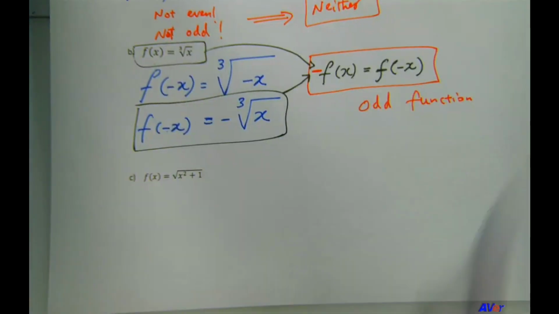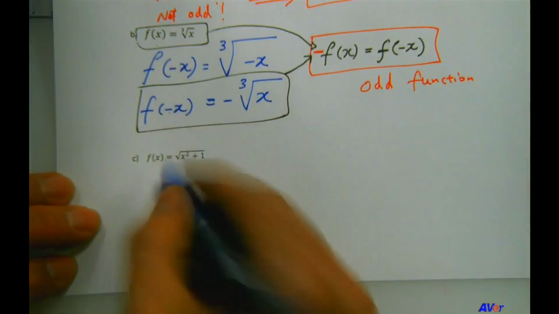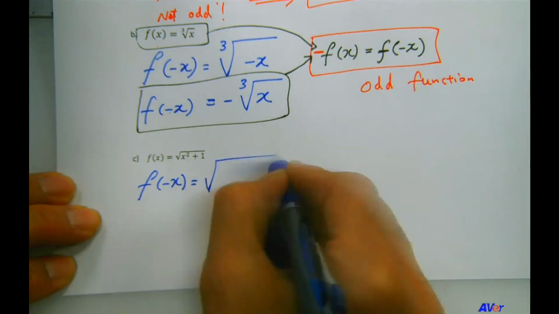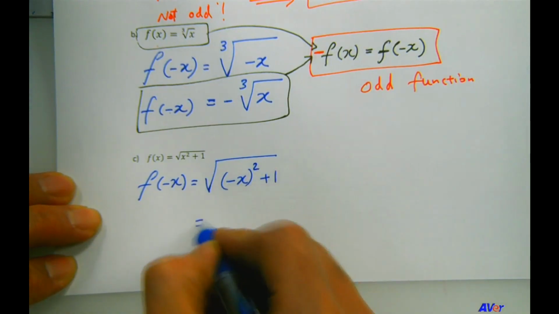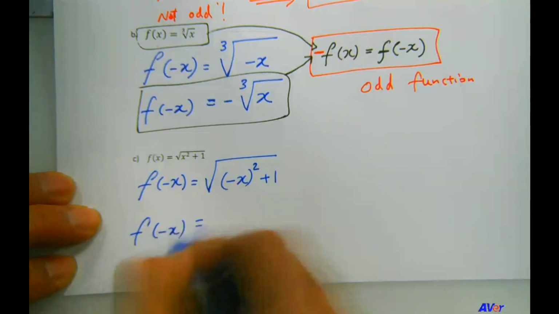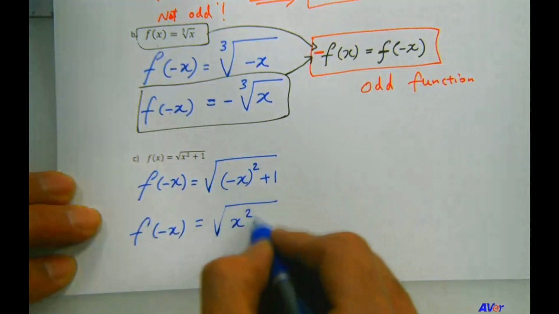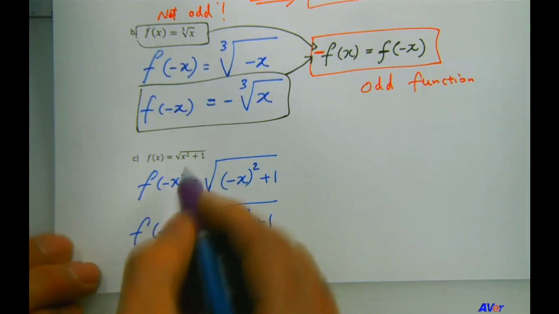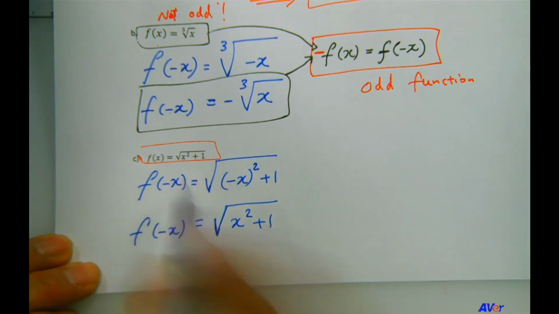This one, let's replace x with -x. So what do we end up with? We end up with -x squared is x squared. So now visually compare the f of x with this, f at -x. Are they the same? They're the same.